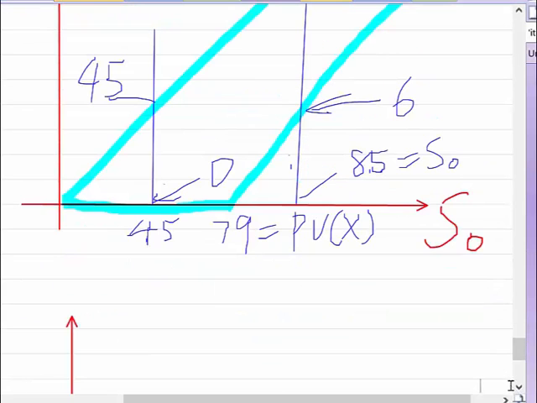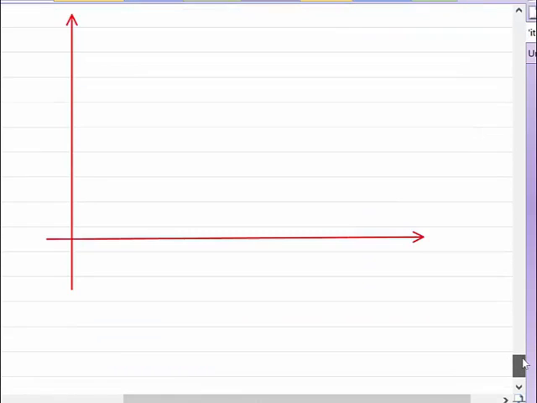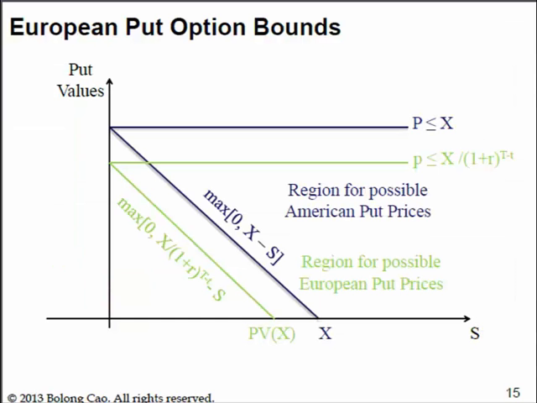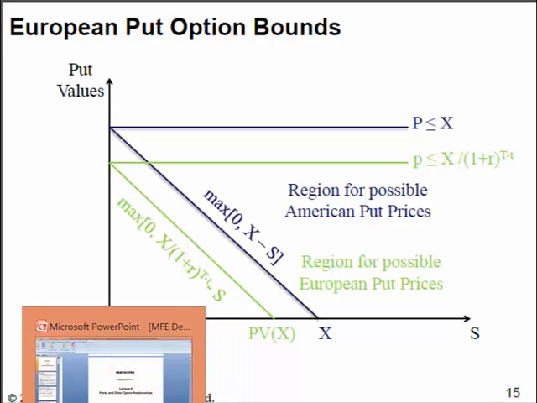Let me again just get a simple picture here. Let's use something that is simple. To keep it simple, I just want to keep the same present value of the strike price, $79, as the previous example. Then we are considering a European option. Let's start with that.